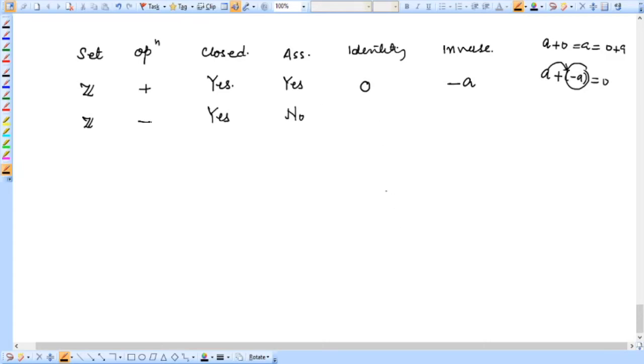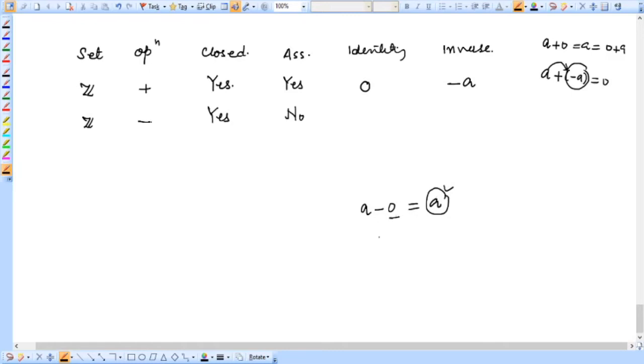Also, I would like to tell you here, identity, you will be thinking that okay, a minus 0 is equal to a. So you will be thinking that identity is 0 here because we are getting back this a when subtracted with 0.